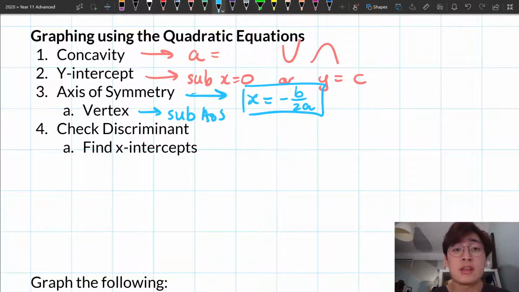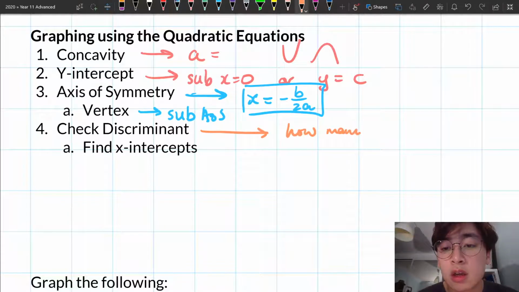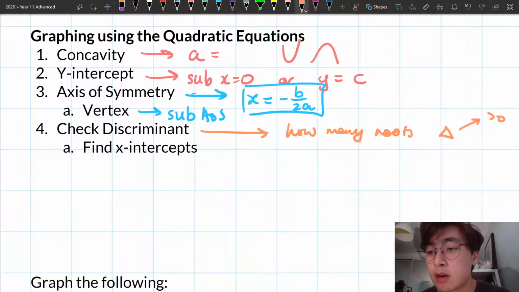Then the next step, this is where it's a little bit different as well. You check the discriminant. This is telling you how many roots your parabola has. Does it have 2 roots, 1 root, or 0 roots? So you check whether the discriminant is greater than 0, equal to 0, or less than 0.